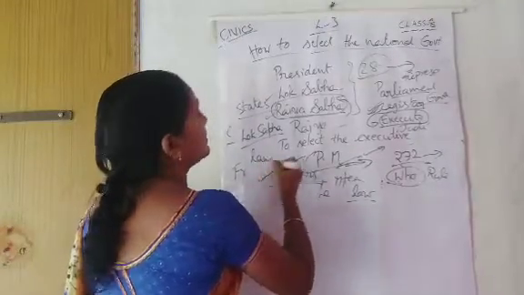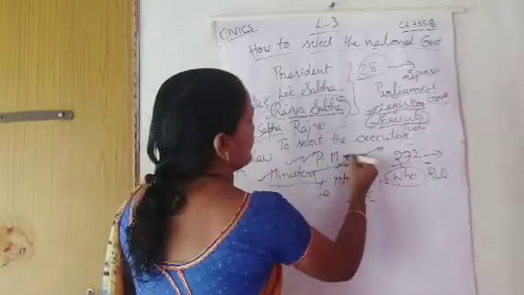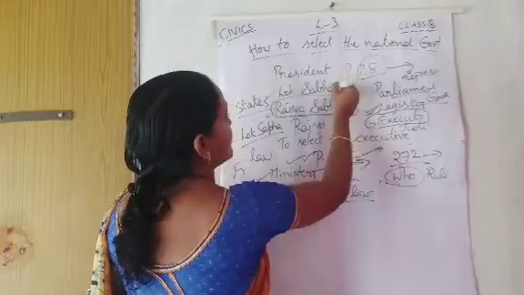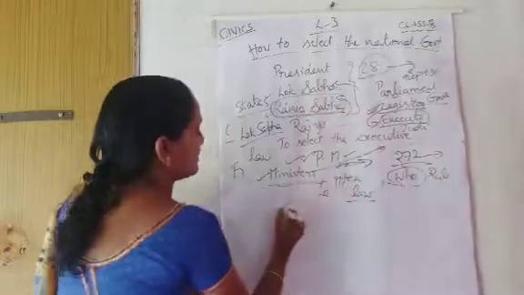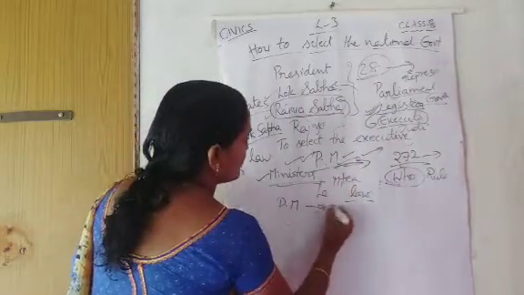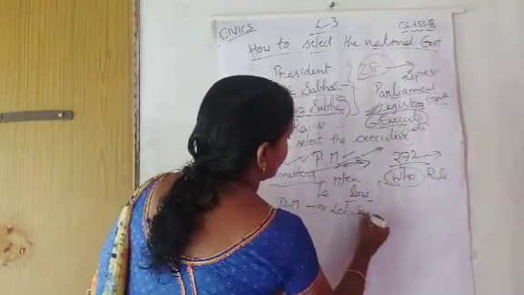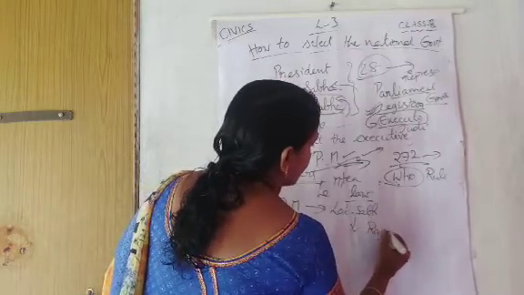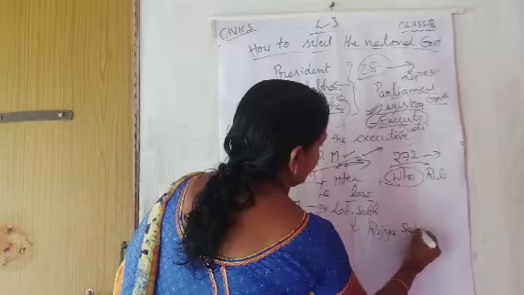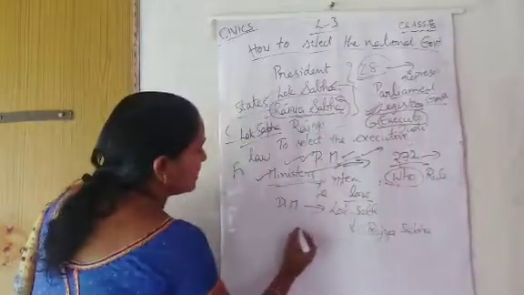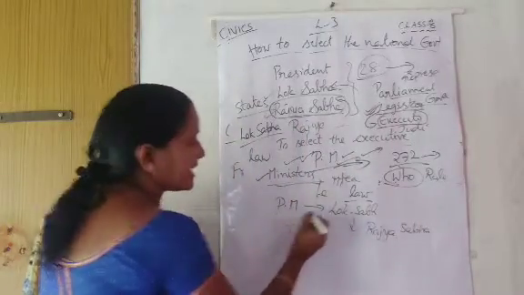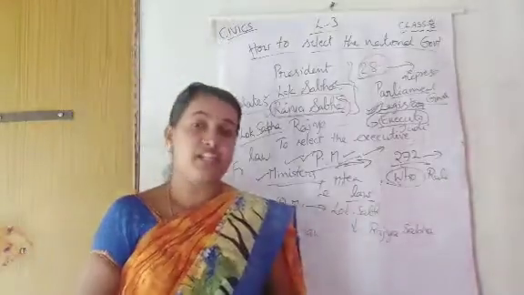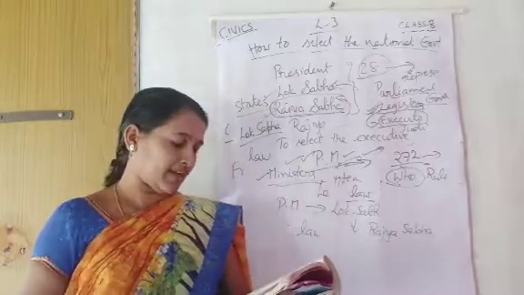So first from the Prime Minister it will go to Lok Sabha, and after getting approval it goes to Rajya Sabha. Then only the bill will be passed and made into law. Is it clear, children?